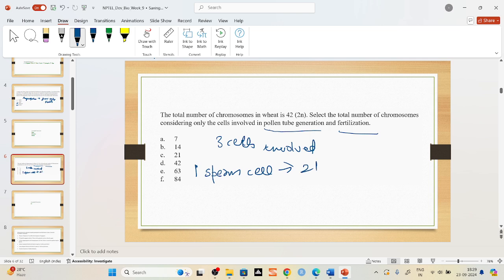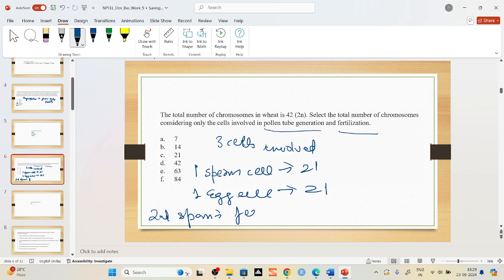Then you have one egg cell. It contributes 21 chromosomes. And then a second sperm, it fertilizes the central cell. Okay. So there is a second sperm also.